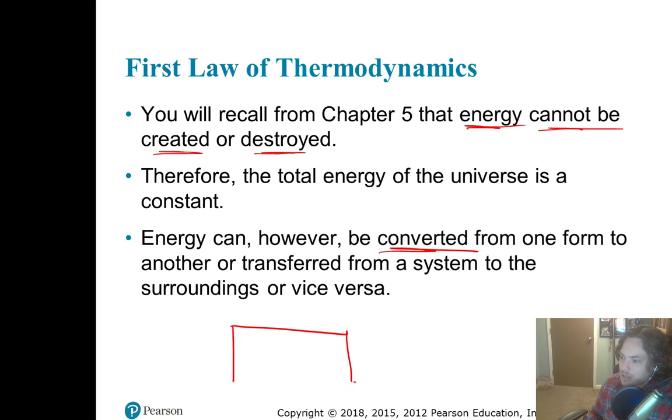If you imagine whatever you're looking at, we define this as your system. Everything else in the entire universe is the surroundings. And most of the time, when we talk about thermodynamics, thermochemistry, anything like that, we really care about what's taking place across this system.